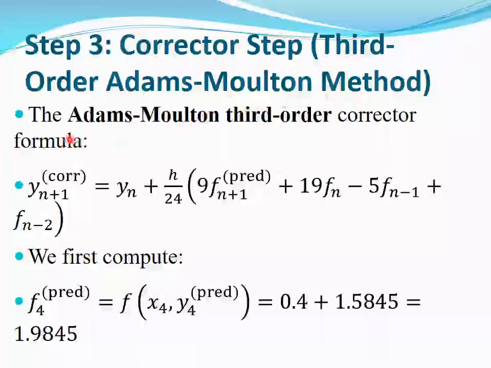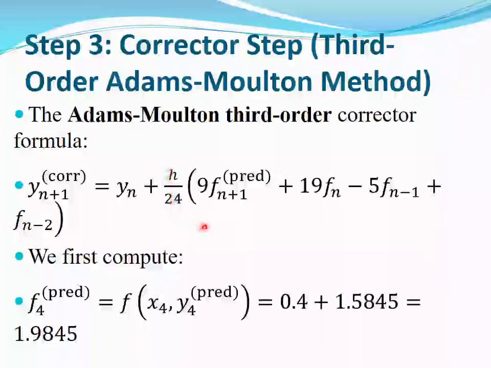Yn plus 1 corrector equals yn plus h upon 24 bracket 9 f of n plus 1 predictor. We get the values of the predictor, then we put these values. Plus 19 f of n minus 5 f of n minus 1 plus f of n minus 2.